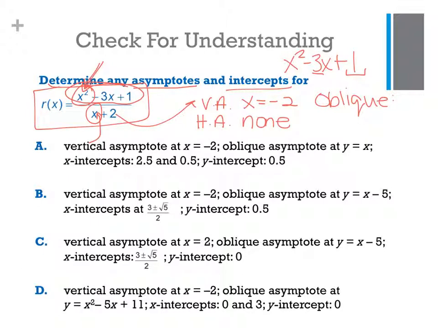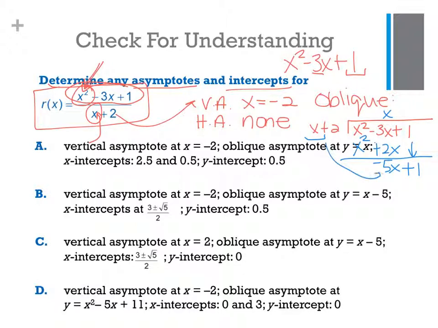So, to determine my oblique asymptote, I'm going to divide x plus 2 into x squared minus 3x plus 1. And if I do that, x goes into x squared x times, carry down the x squared, x times 2 is 2x. If I subtract, I get negative 5x, carry down the 1, and x goes into negative 5x minus 5 times.